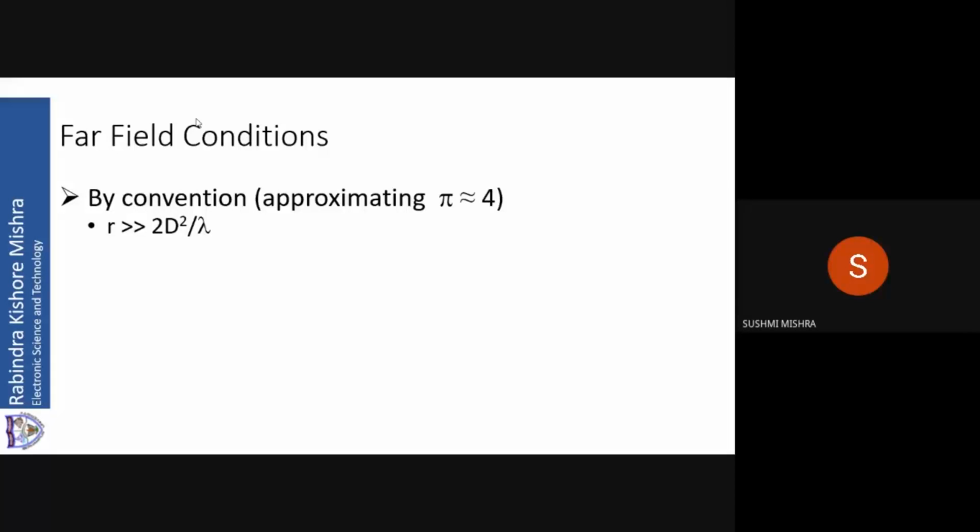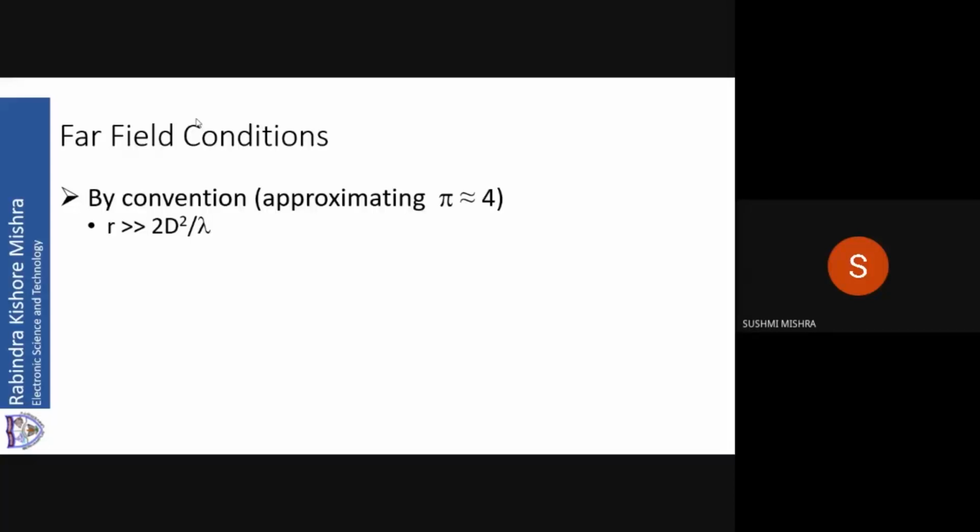Please give attention to this: we are considering pi to be greater than its exact value, which is 3.14. We are considering it approximately 4, which means we are not going to affect the distance case. Suppose R is greater than pi.